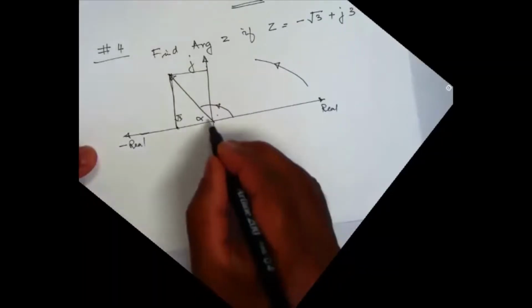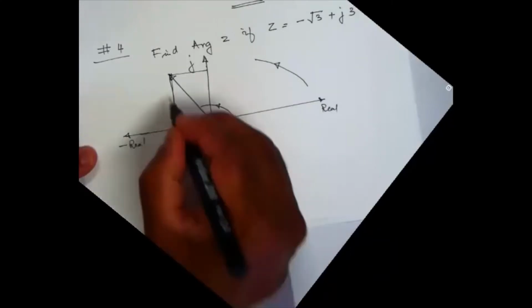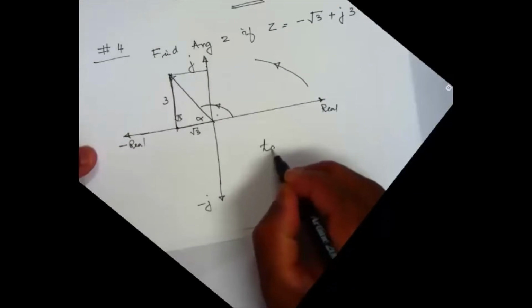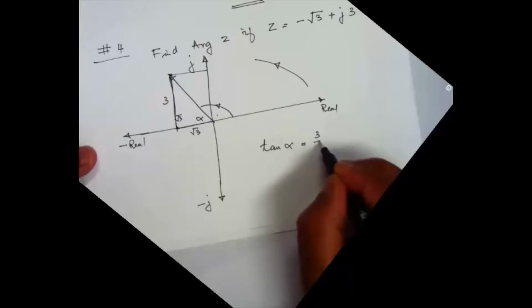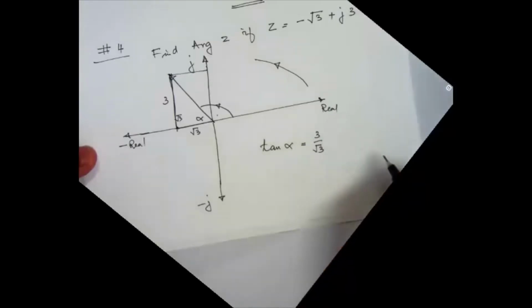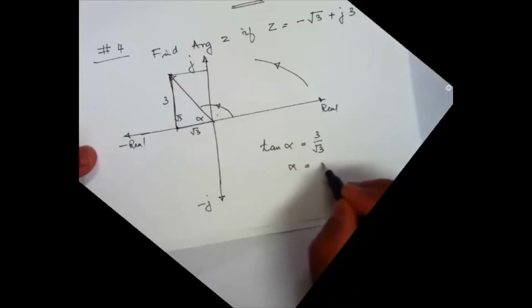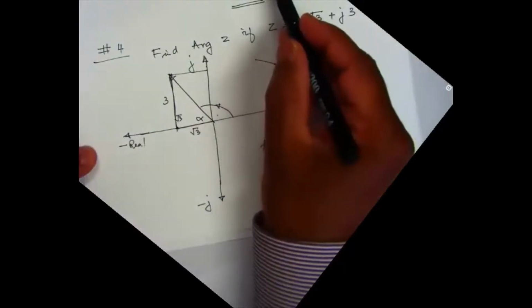So we know that this is square root 3 there and this is 3, so tan alpha is equal to 3 over root 3, and alpha is equal to tan inverse 3 over root 3, which will give us 60 degrees again, because that's what we found earlier.